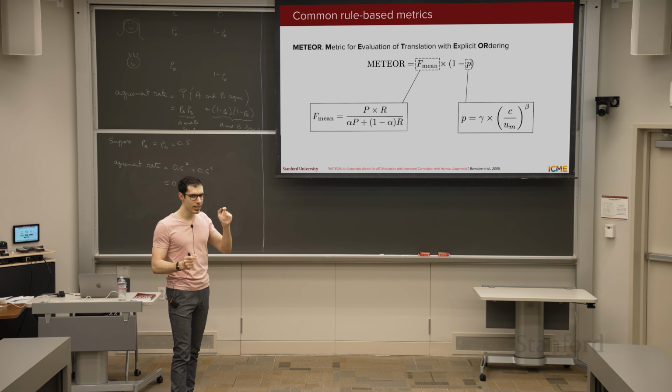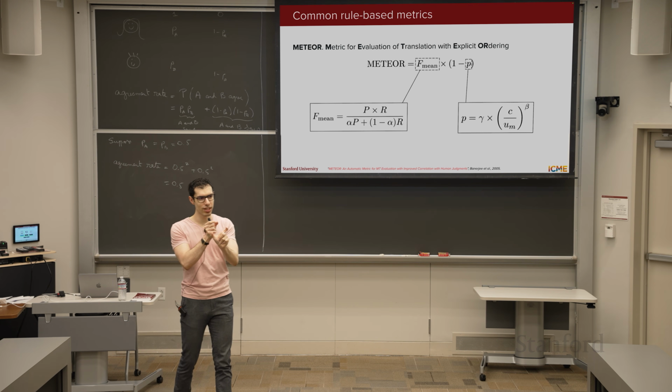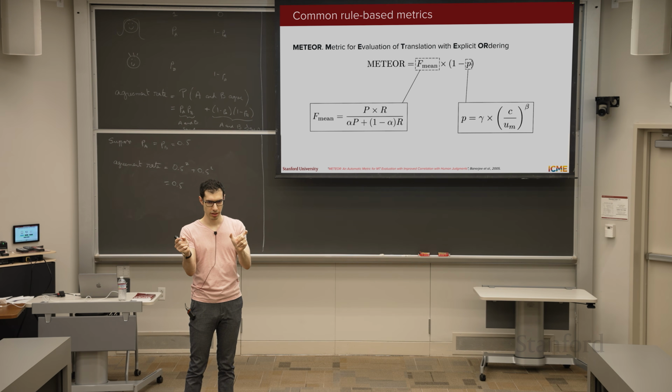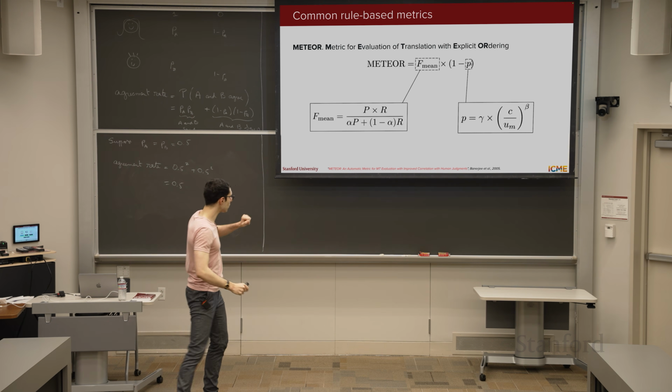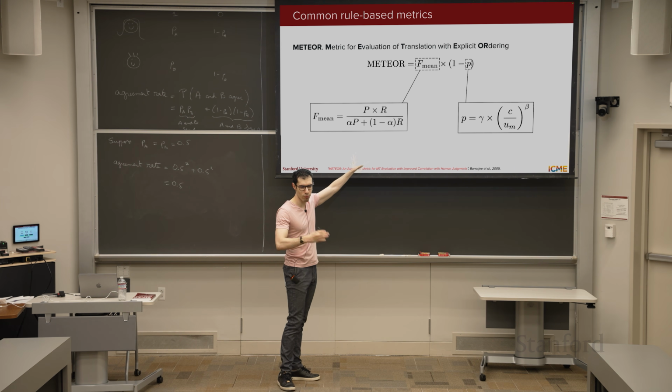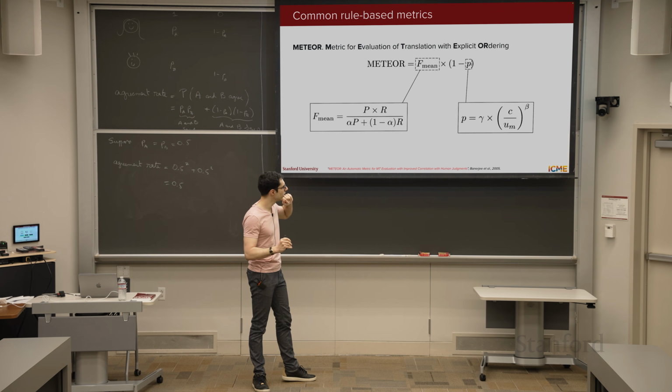And the recall is the proportion of the unigrams in the reference that are matching with what is in the predicted. So it's basically matching the usual precision and recall metrics that you know.